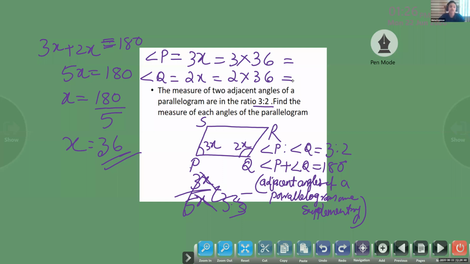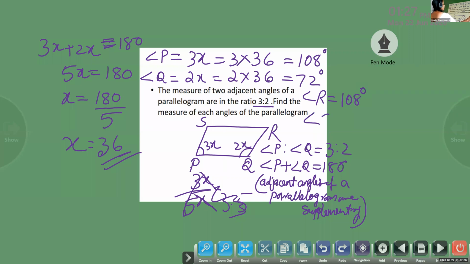108 and 72. So what about angle R? Angle R is opposite to angle P, so it is 108.